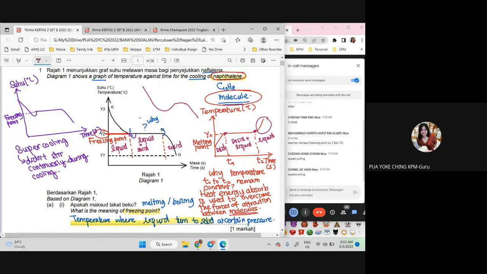A very small drop, then it goes back. To avoid super cooling, you need to stir continuously during cooling when you cool your chemical. So that is the heating and cooling curve.